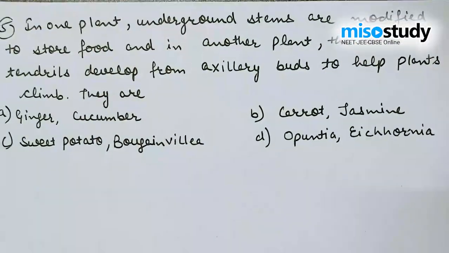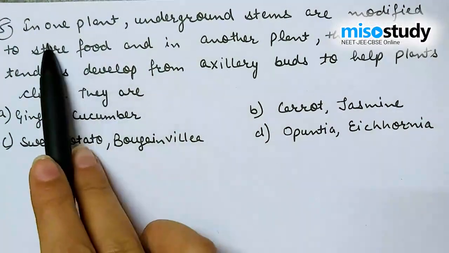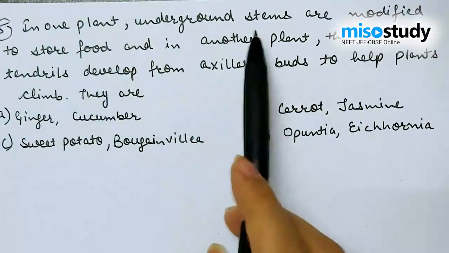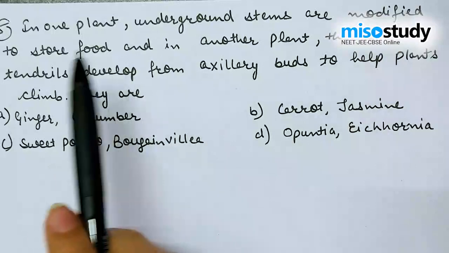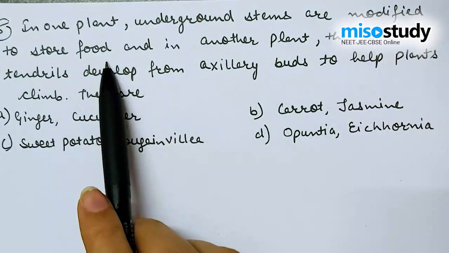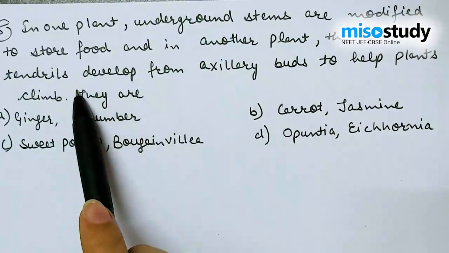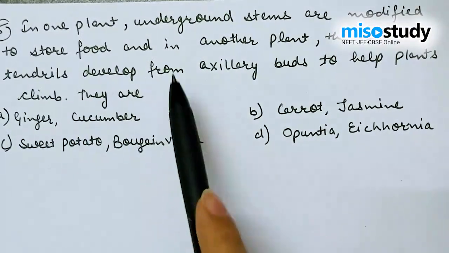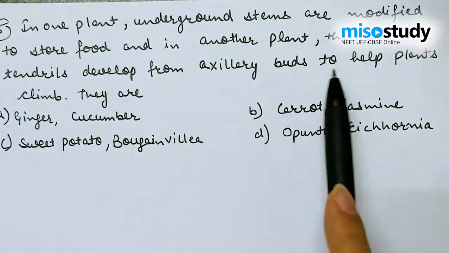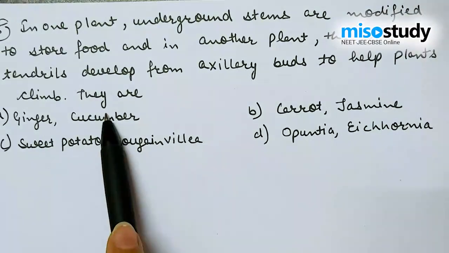The next question is, in one plant, underground stems are modified to store food, and in another plant the stem tendrils develop from axillary buds to help plants climb.